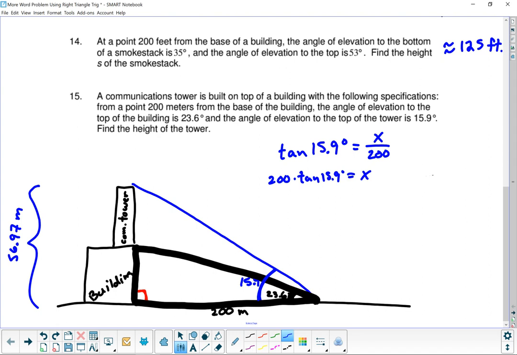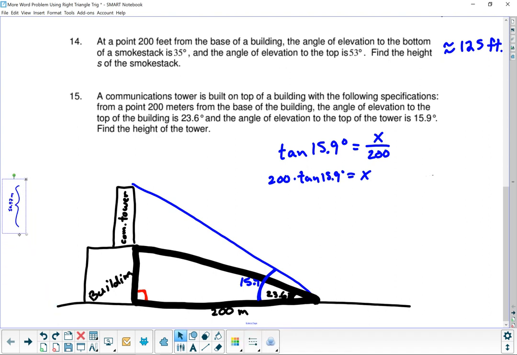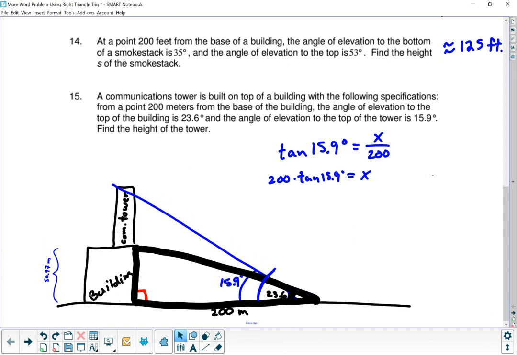The angle of elevation to the top of the tower. Yes, I think we have it backwards. Since we're using the 15.9, this right here is actually going to be how high the building is. So I feel that these numbers are backwards.